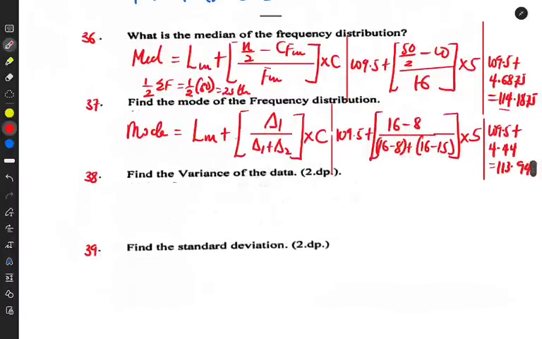Then question 38: find the variance of the data. We are asked to find the variance of the data. This is a grouped data, so to find the variance of grouped data, this is how the formula goes.